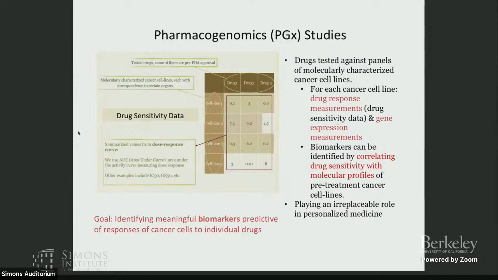Basically, drug with varied doses is used to treat the cancer cell lines, and then a drug response curve is produced, and there are different methods to summarize that curve, to tell how effective the drug is to treat the cancer cell line, or how the cancer cell line is responding to the particular drug. There are AUC, area under the response curve, and also IC50 or some other possible measurements. So this is the drug sensitivity data.